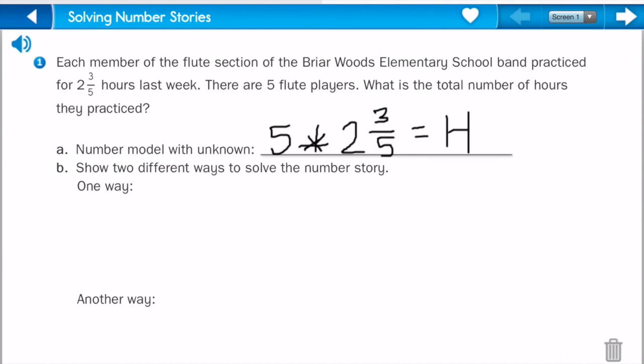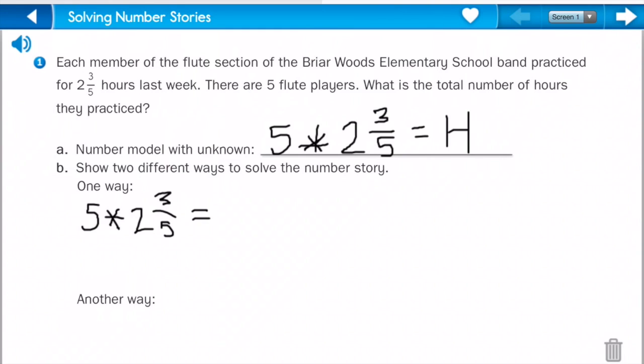So we're going to show 2 different ways to solve this number story. One way that we could do it is we could multiply 5 times 2 3/5. So what we can do is change 2 3/5 into an improper fraction.